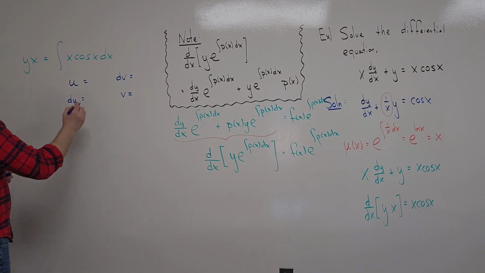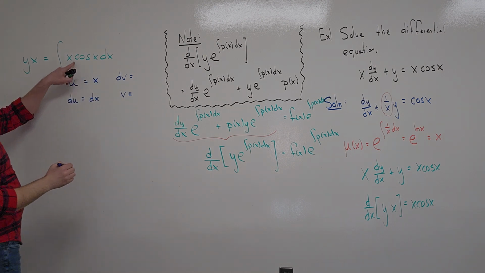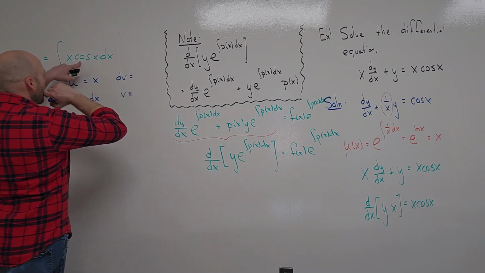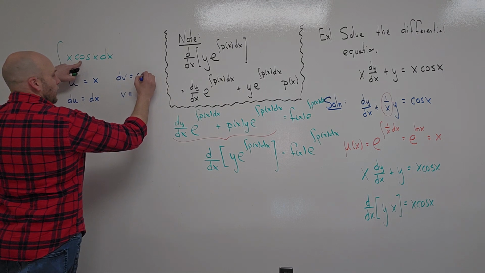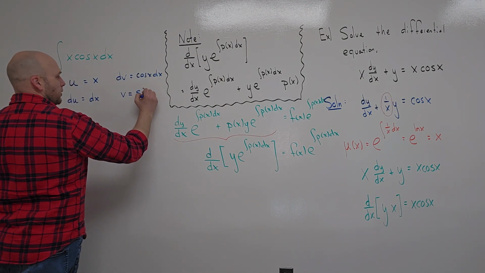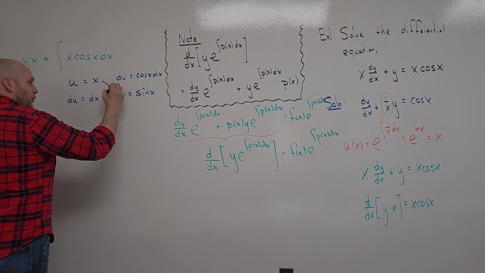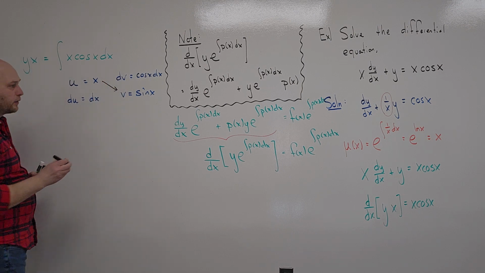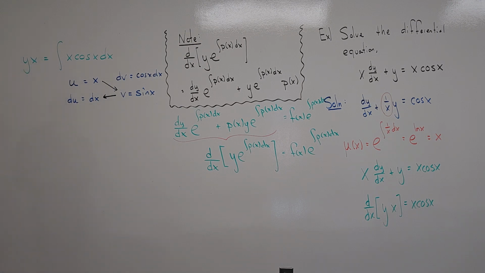In this case, we'll choose u to be x, so du would be dx. dv then is the rest of the integrand with the differential, so cosine x dx. The antiderivative here would be sine of x. Remember the integration by parts formula says I take the product of u and v, and then subtract the integral of v du.